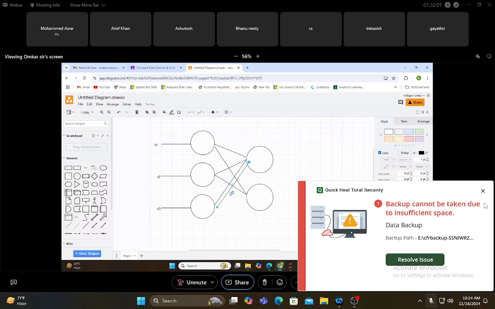Now the last one, the output layer, combines all the outputs. This output comes from here, and this from here, and finally we get the last output.